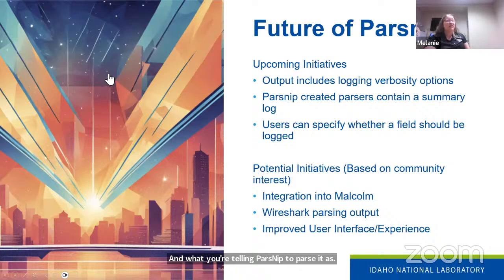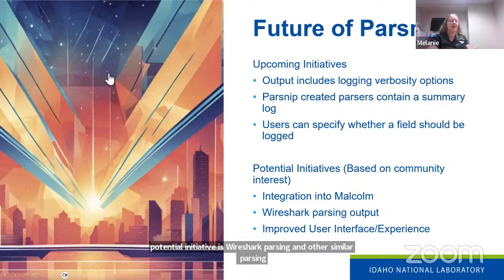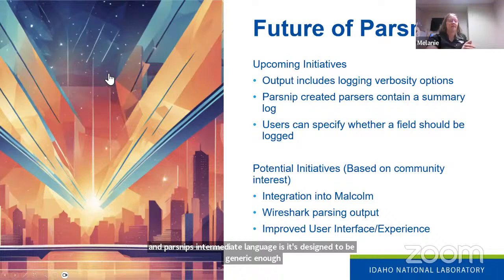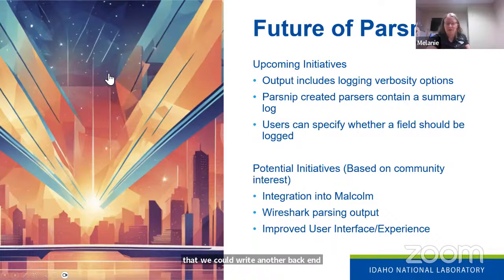Another potential initiative is Wireshark parsing and other similar parsing mechanisms. So the other part of Parsnip and Parsnip's intermediate language is it's designed to be generic enough that we could write another backend to create a parser in a different language. For example, Wireshark parsers.